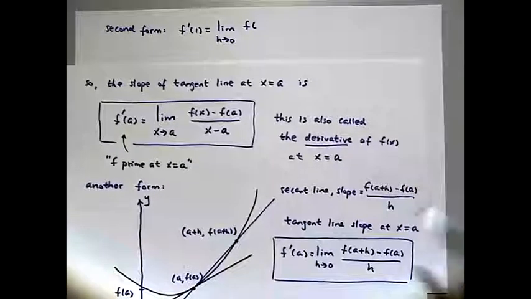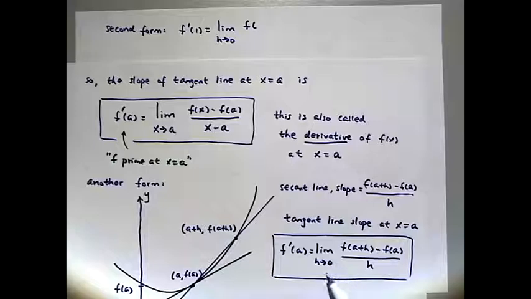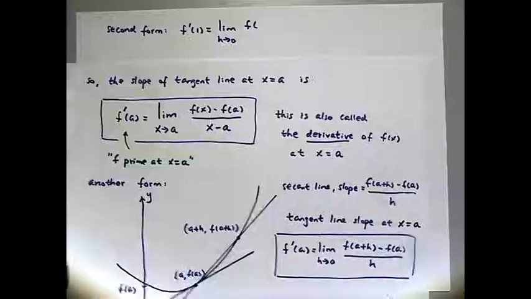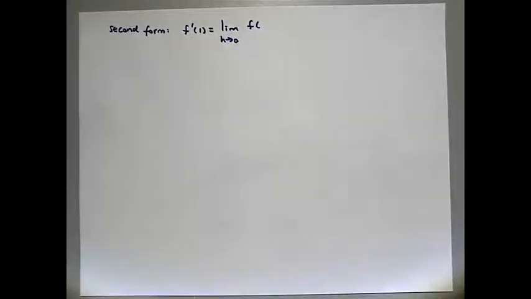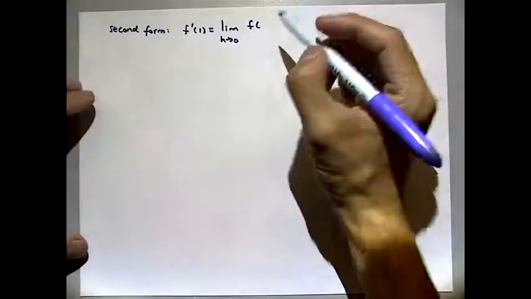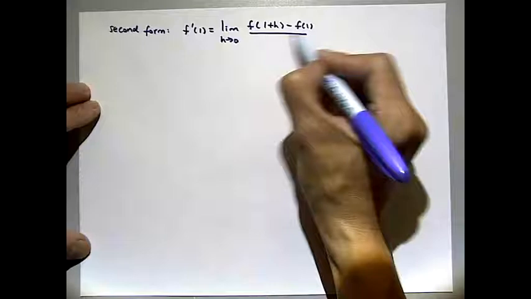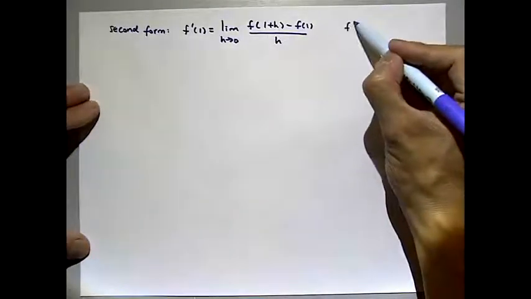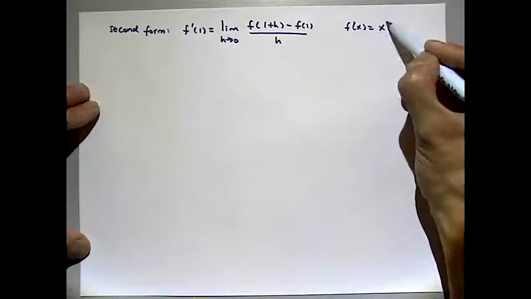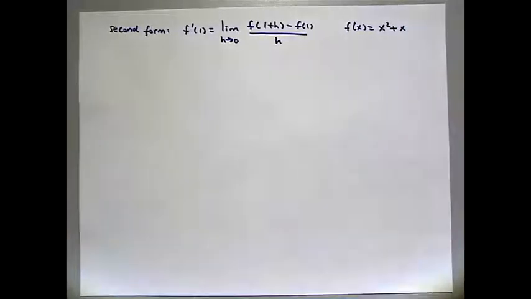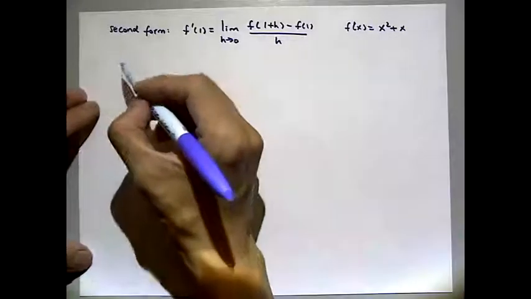And in the second form right here, f prime of 1 is the limit as h goes to 0 of f of 1 plus h minus f of 1 over h. And just so we don't forget, the function we're dealing with is this.